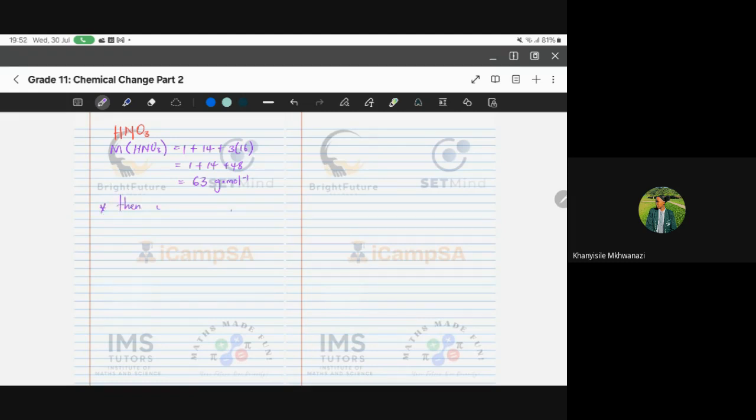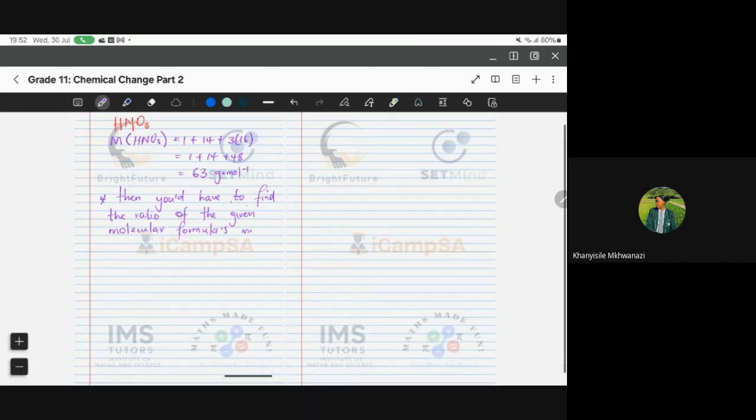Then you'd have to find the ratio of the empirical formula molar mass. Keep making silly mistakes.